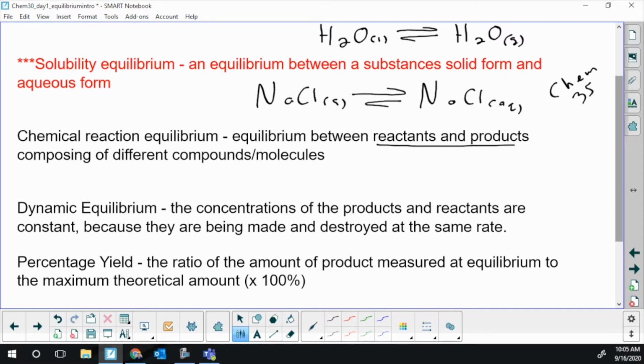This is definitely a tested concept for quizzes, tests, diplomas. When you're at dynamic equilibrium, the concentration of the products and the reactants are constant, because they're being made and destroyed at the same rate.